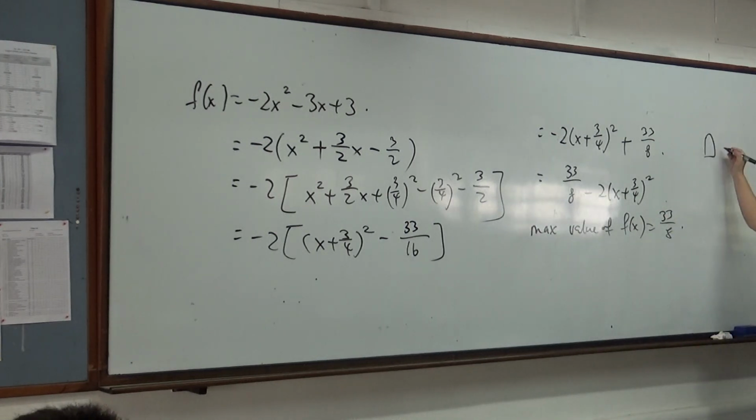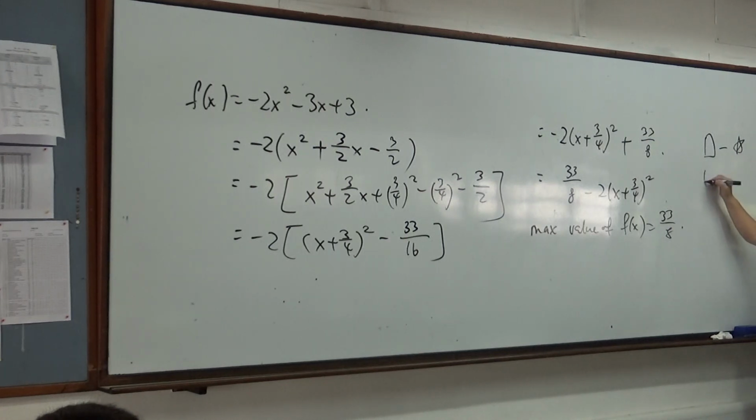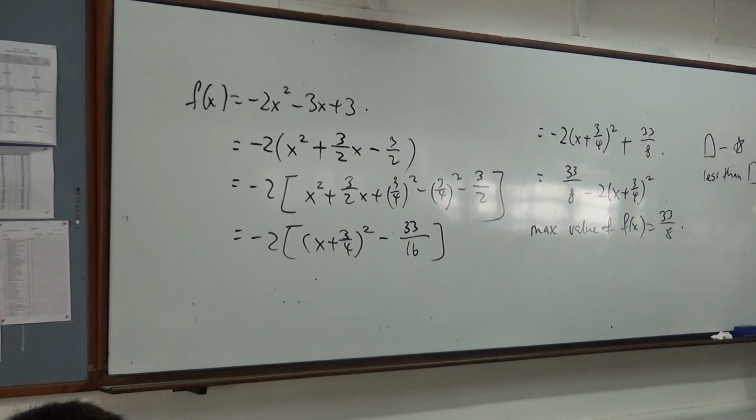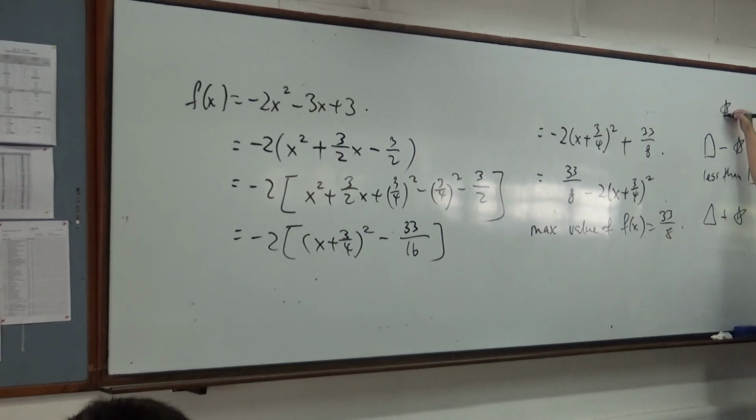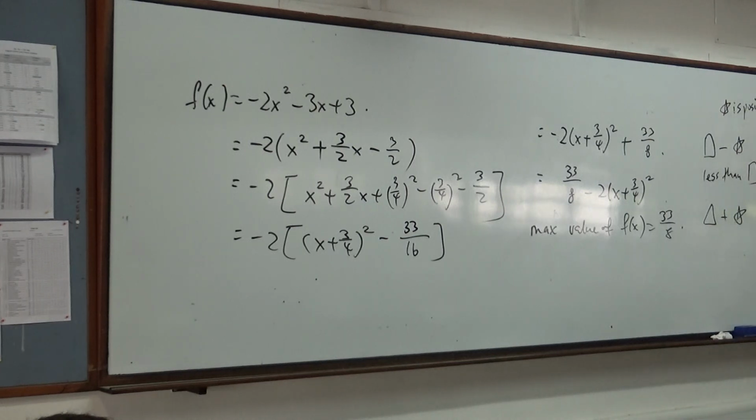If I have something minus something, this value is always less than this one. That means this must be the maximum here. Okay? Now, what if I have something plus something? This is always positive, okay? Wait, I'm going to say star is positive. Understand?